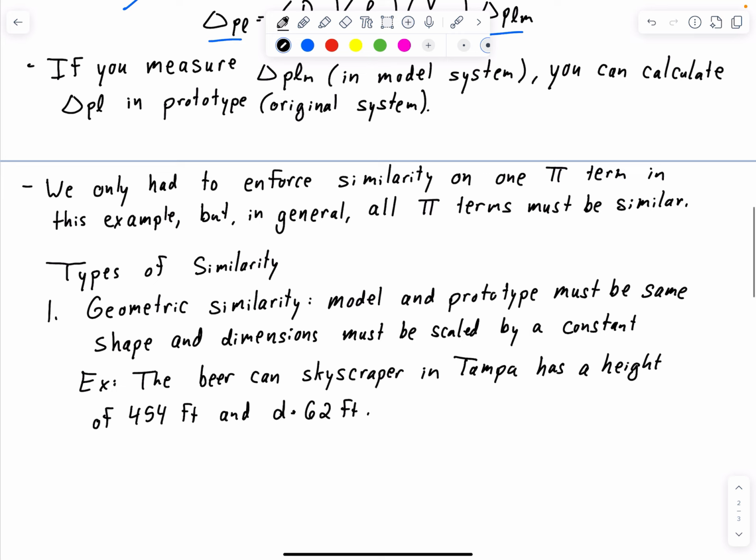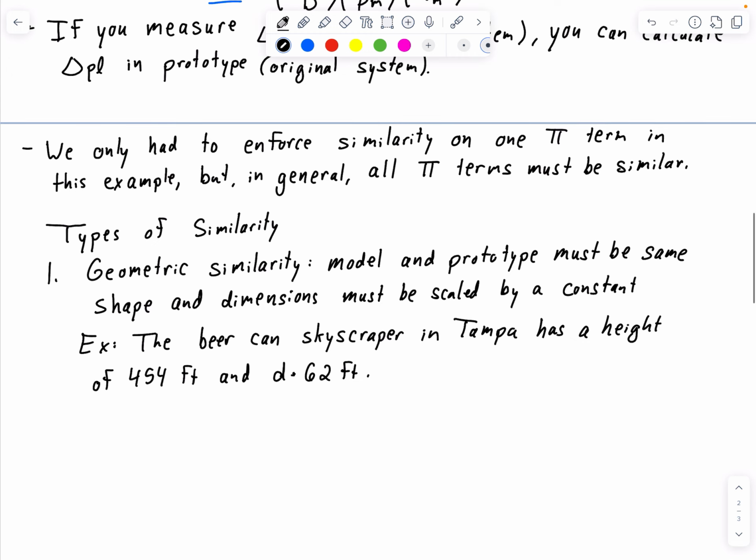So perhaps we might want to do some wind tunnel testing of a model of this skyscraper to see what sort of vortices it's creating, what kind of aerodynamic forces are being generated. So we would need to make a scaled down version of this skyscraper. And so we might want to say we want to make a 1/500th scale model.